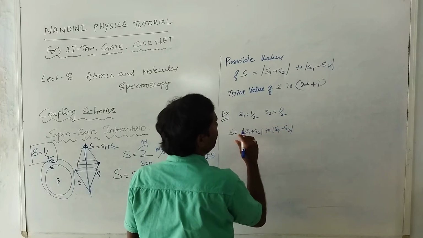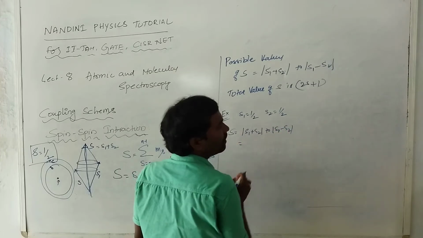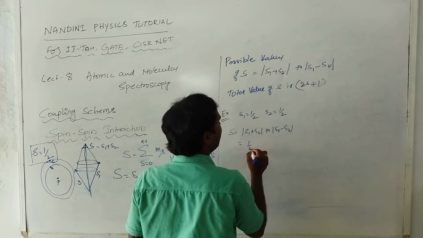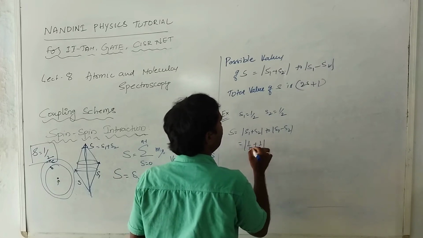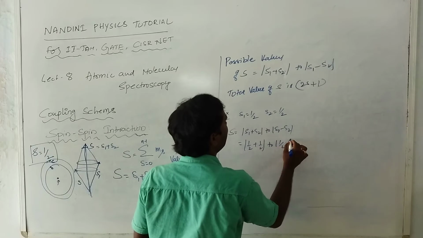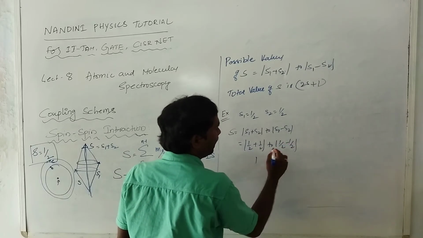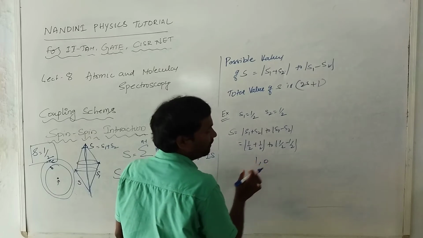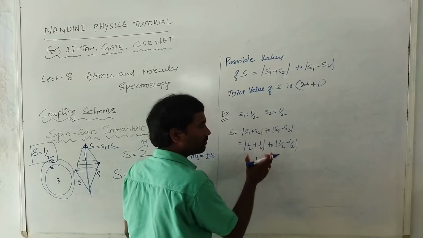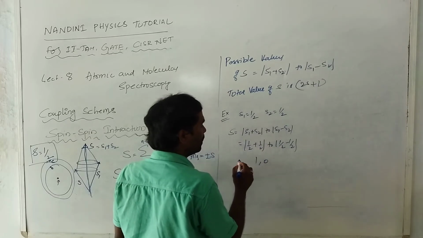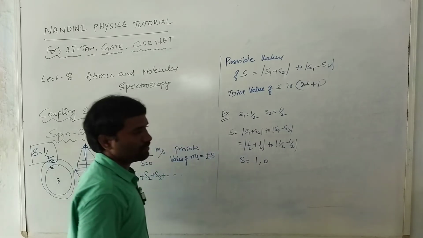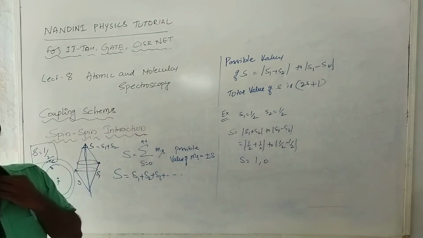This is the modulus of S1 plus S2, modulus of S1 minus S2. So half plus half to half minus half. This value is 2 divided by 2, that is equal to 1, and this is 0. There is no number between these two possibilities. Therefore total S is equal to 1, 0.